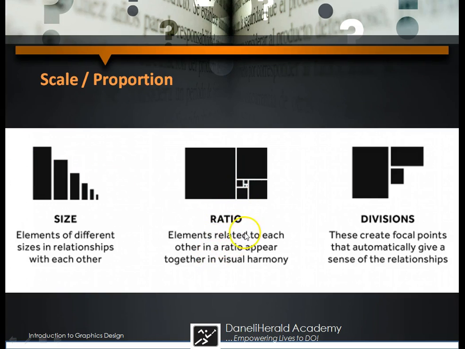The second one is the ratio. Under scale and proportion, we have ratio. Don't forget, this is under proportion, so it's about the relationship between one element and the other. Elements related to each other in a ratio appear together in visual harmony.